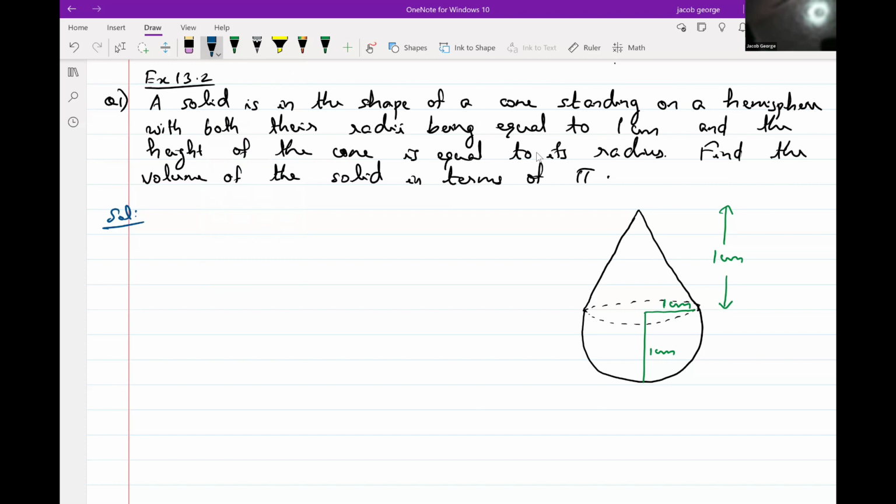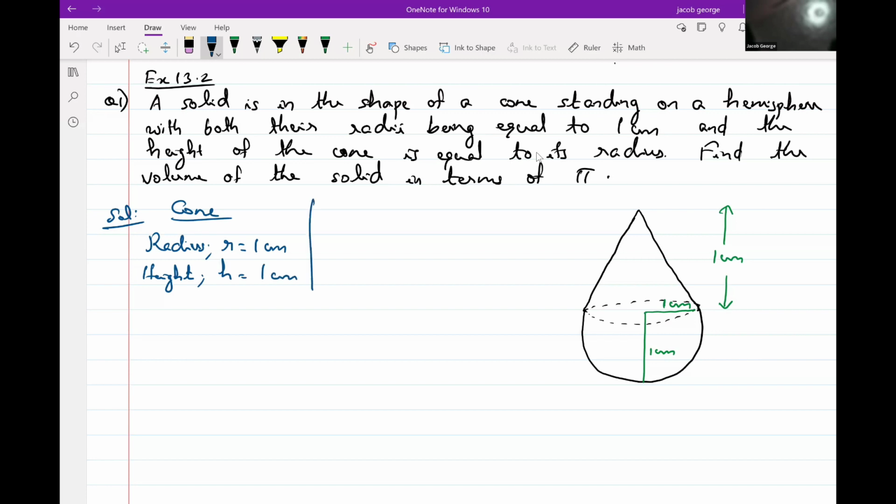For the cone, radius r is equal to 1 centimeter. Height h is also the same, 1 centimeter.